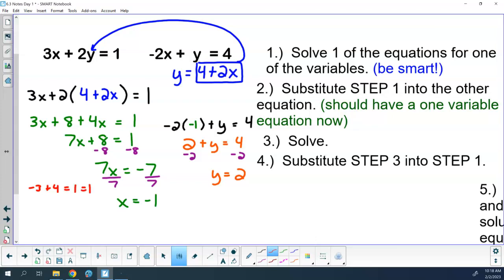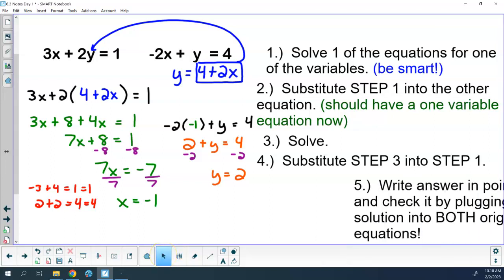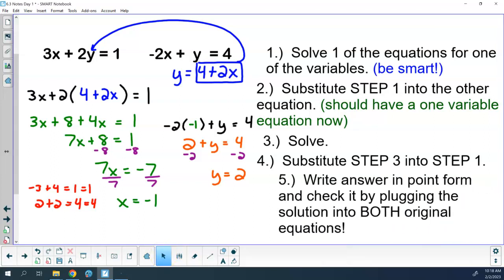Checks out in the left one. -2 times -1, 2. 2 plus 2 is 4, equal to 4. Yep, checks out in both of them. So now I'm going to write my answer in point form, and then that will be my ending: -1, 2.